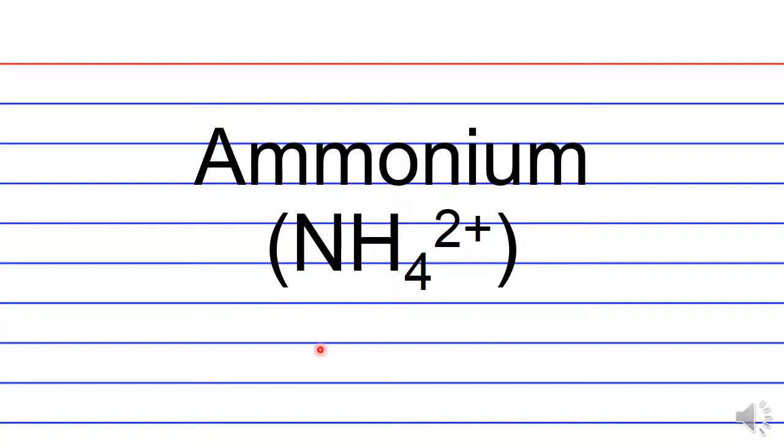So the other one is ammonium, and the ammonium ion has an overall charge of 1 plus. And remember, ammonium is formed when ammonia, which is a base, usurps a proton from either another molecule or just floating around in solution.